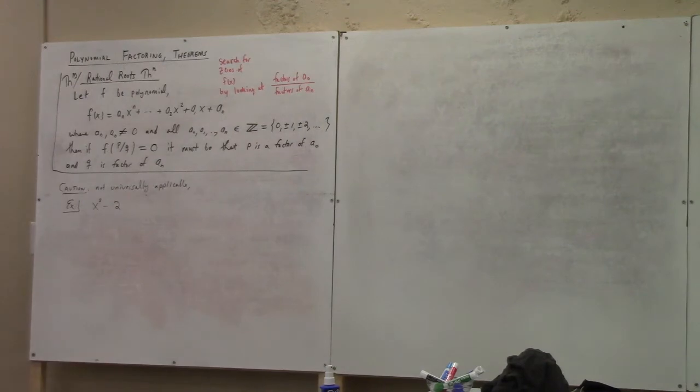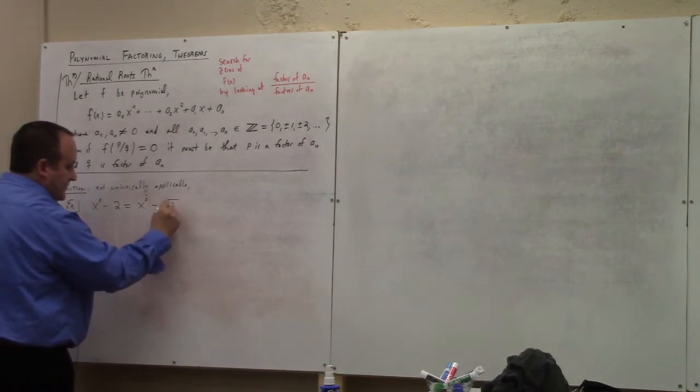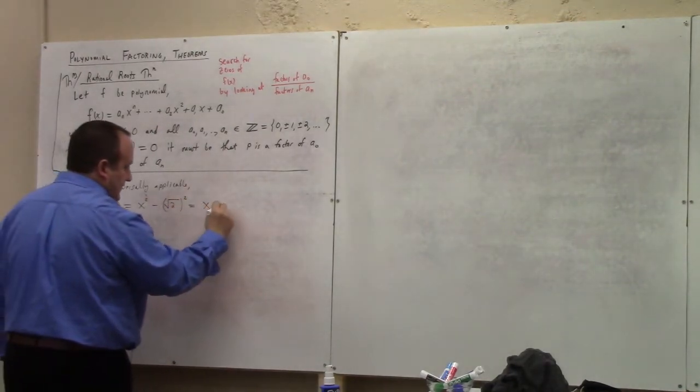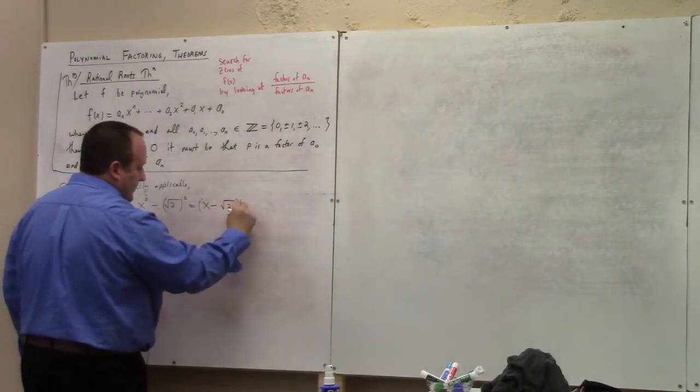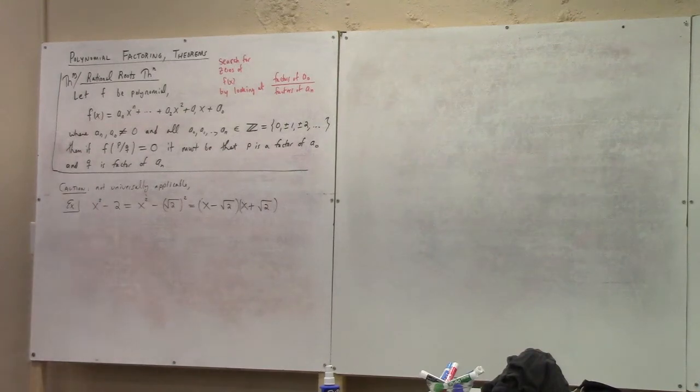This polynomial we can factor, all right? So how would you do it? The difference of squares, right? This is x squared minus the square root of 2 squared. So we can factor that into x minus root 2 times x plus root 2, right?